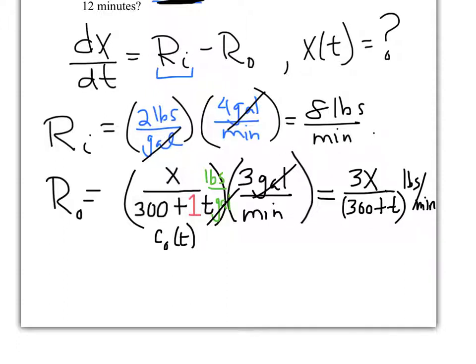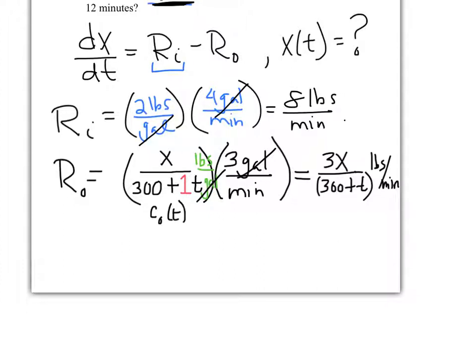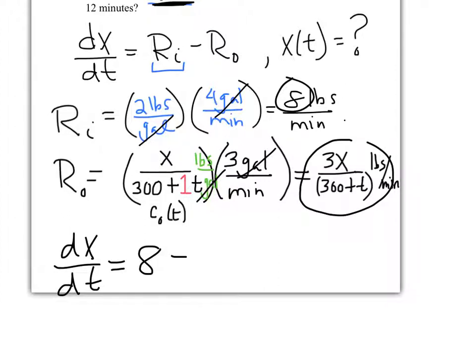So I have my Ri and I have my Ro. Now we can construct the differential equation. Let's insert our values here. We have dx/dt equal to Ri, which is just 8. It's pounds per minute, but we can ignore the units. 8 minus our outflow rate, which is just 3x divided by 300 plus t.